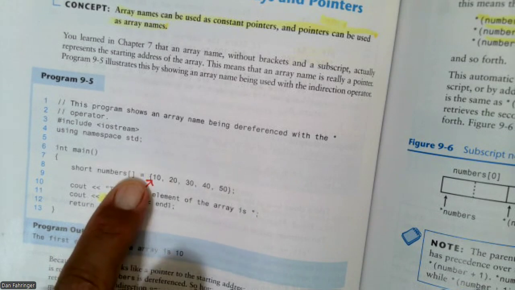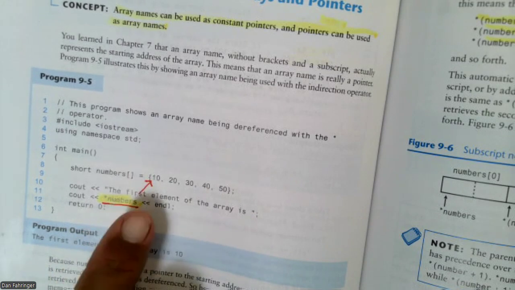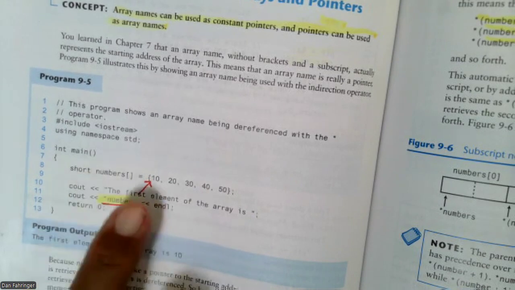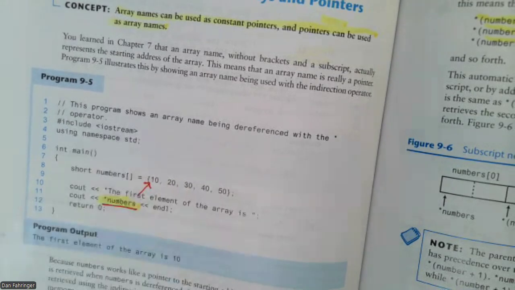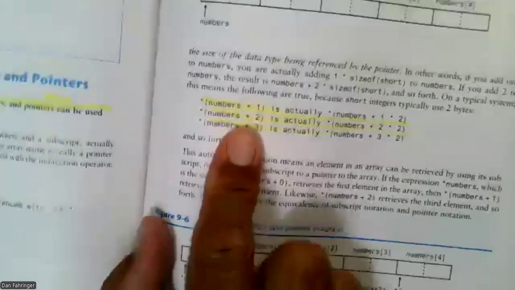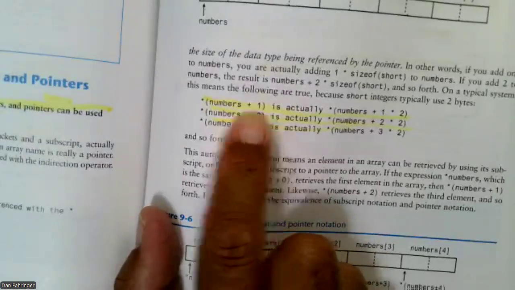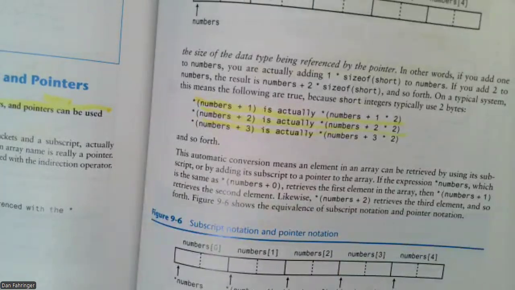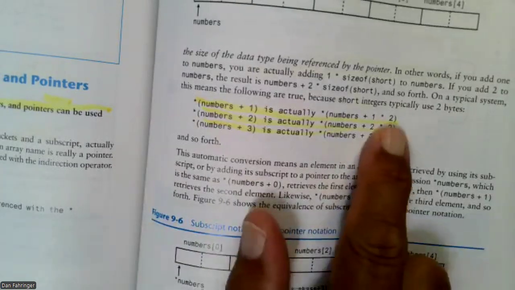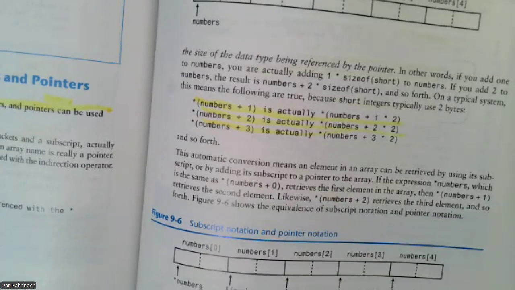The little subscript after it said, hey, move over a short number of bytes each time. So if it was a 1, it would move over short bytes, whatever that was. We saw things like this: numbers plus 1, dereference it, gives me the value. Again, working with a short was like multiplying it by 2 to keep moving it over.